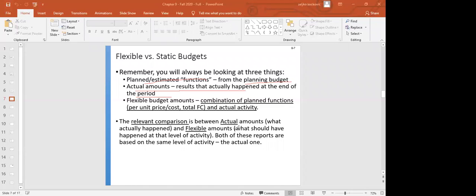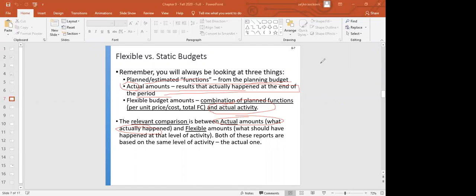Well, actually, this bullet here says actual amounts total, but I'm using actual amounts in terms of activity. Maybe I should update this to be very clear. Actual amounts, what actually happened. This also talks about the comparison between flexible budget and actual amounts. Well, I say here actual activity. Okay.